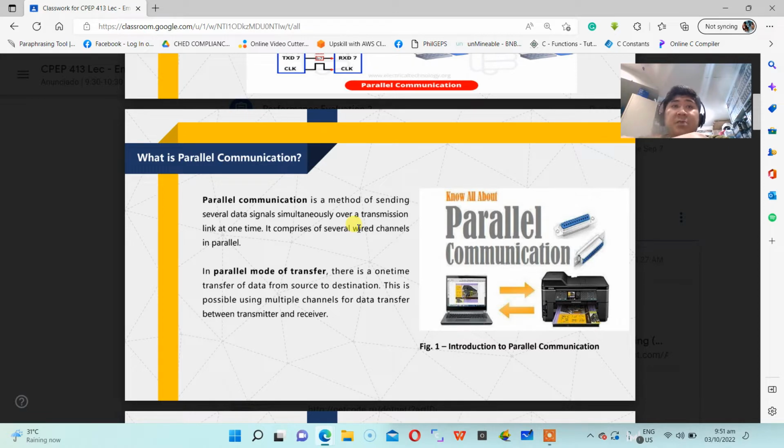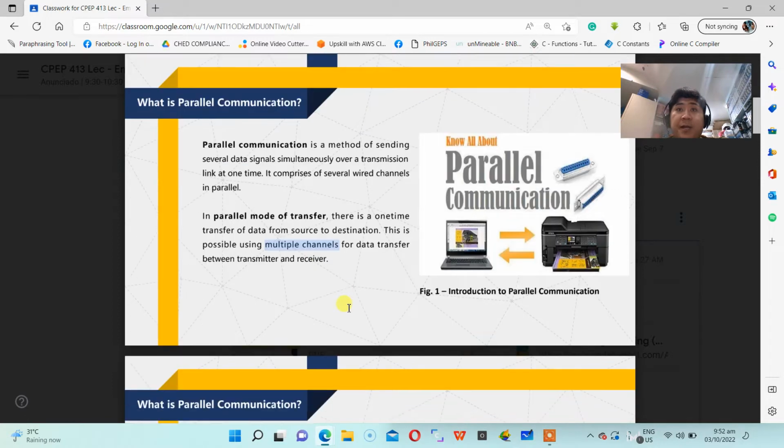This is possible using multiple channels for data transfer between transmitter and receiver. So again, there are channels that handle data transfers. Okay, so there are mediums in order for your data to be transferred and received properly.